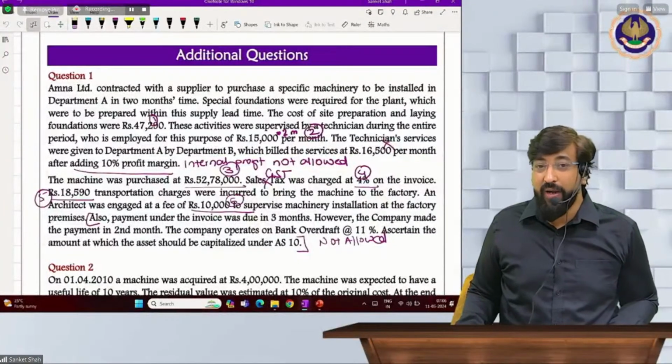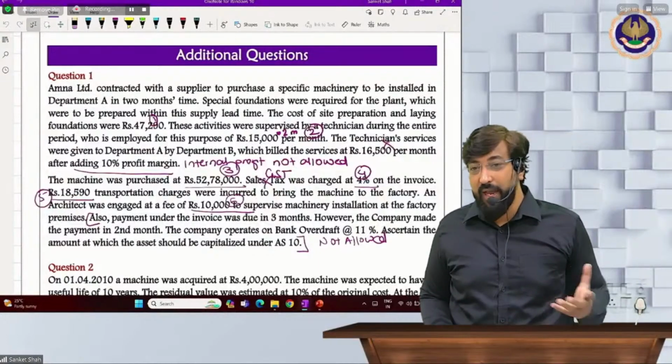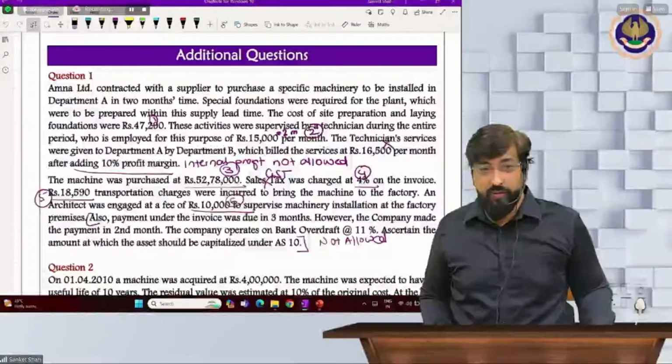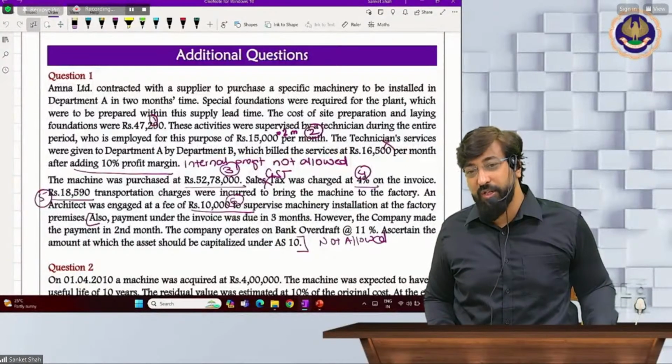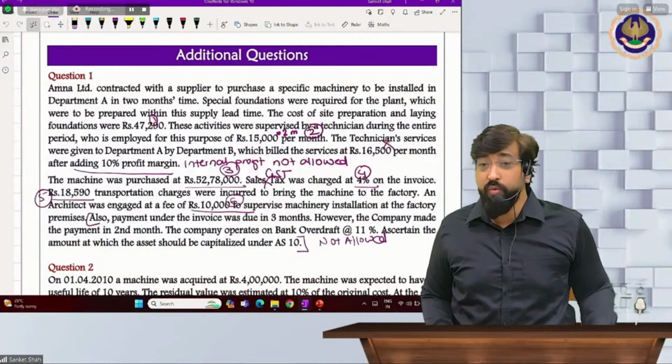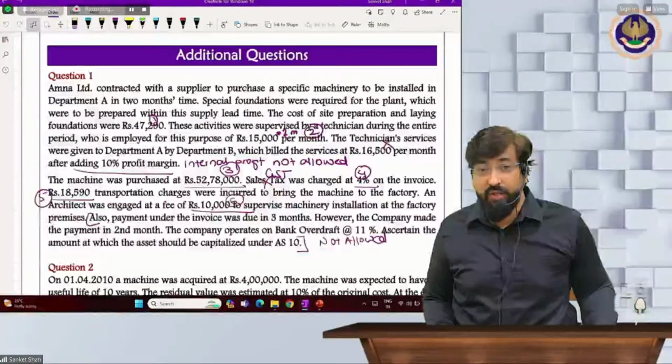So that is also added because these are transportation charges, which are a directly attributable cost. An architect was engaged for 10,000 to supervise the machinery. It is also important to install the machinery and therefore 10,000 rupees is also added.